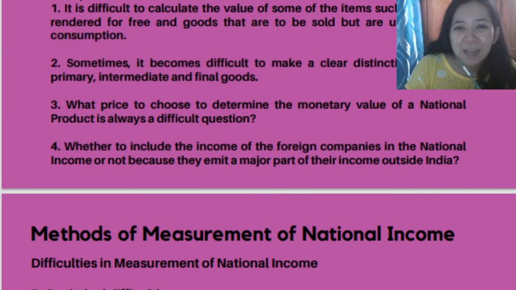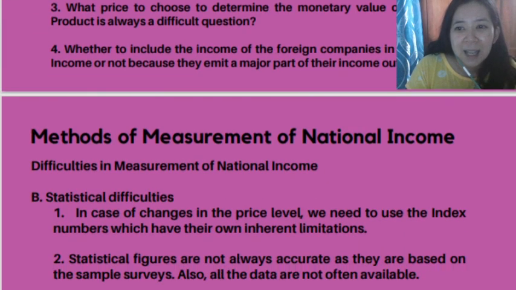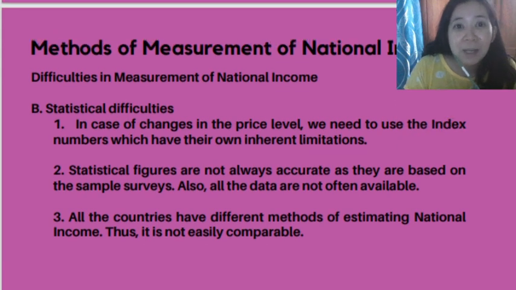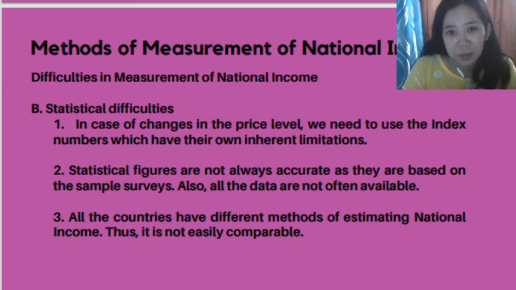So basically, if this is the case, especially if we want to compare the national income of the different countries, we cannot actually benchmark or compare them reliably because they may use a different method for the measurement of their national income.